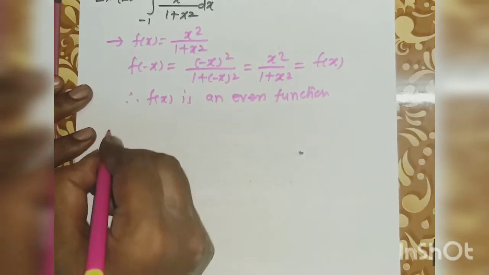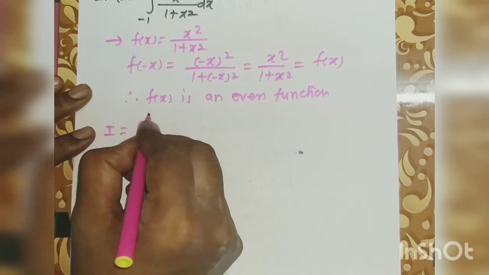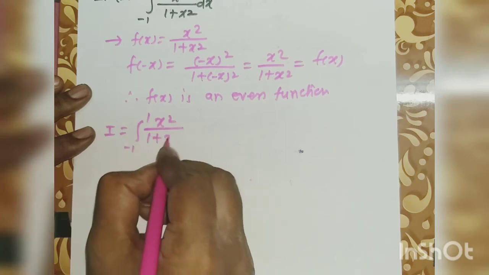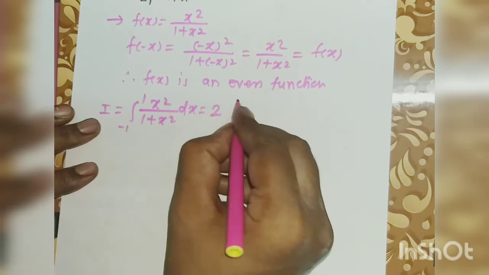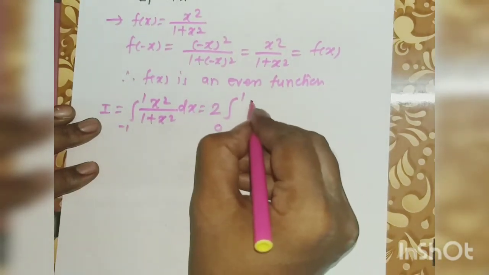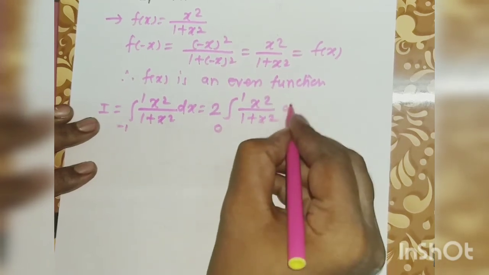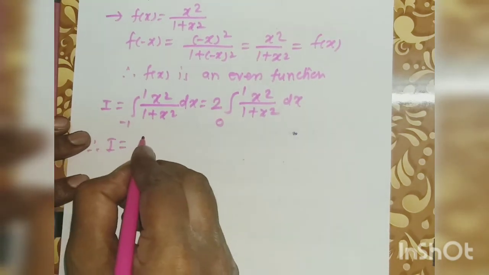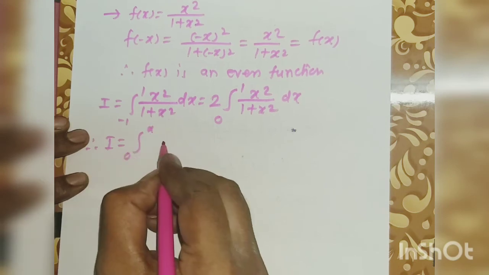If the function is even, then the integration I from minus a to a of x square divided by 1 plus x square dx has a value twice the integration with limit 0 to a. Therefore, I is equal to 2 times the integral from 0 to a.